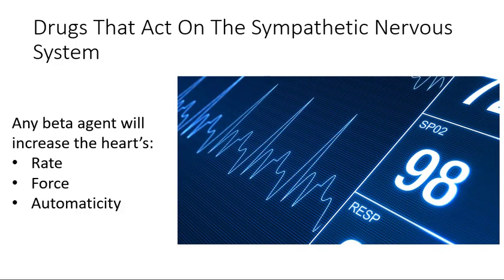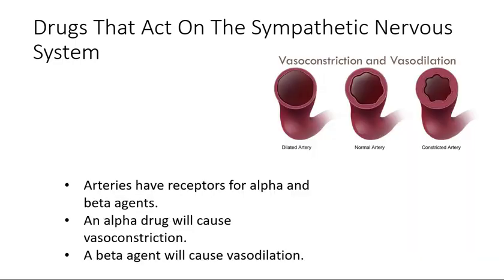Afterload refers to the amount of pressure that the heart has to pump out against. So, Sydney, what we're thinking about with afterload is basically blood pressure, okay? Now, one of the things you want to keep in mind is that arteries have receptors for both alpha and beta drugs.